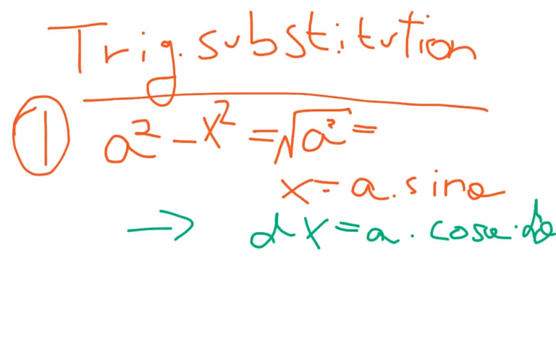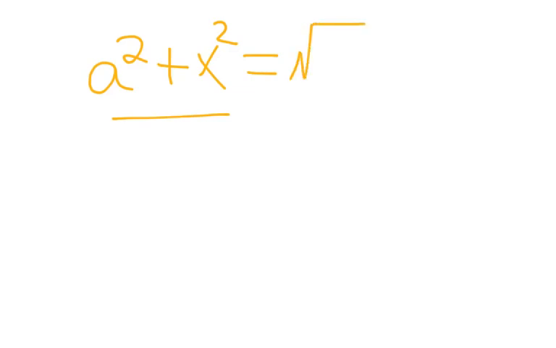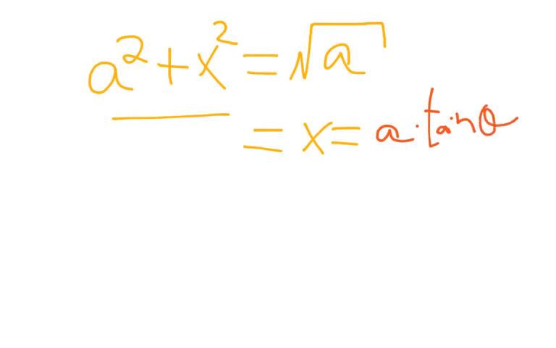There are other two, which I will write down really quick. So whenever we have this binomial, once again we take the square root of a, and once again we put our equality, which this time will be equal to a tangent of theta.